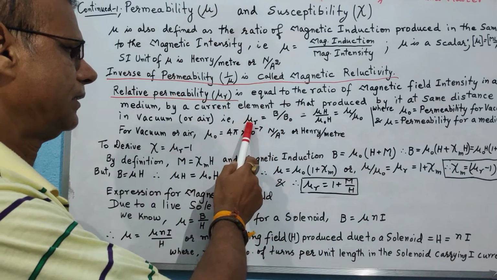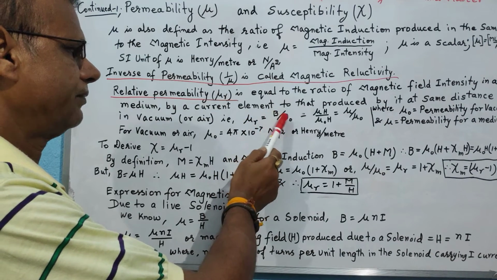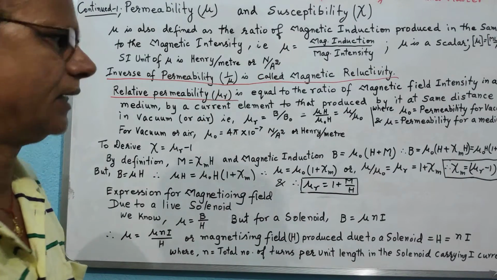So relative permeability is the magnetic field intensity in the medium divided by the magnetic field intensity in air.